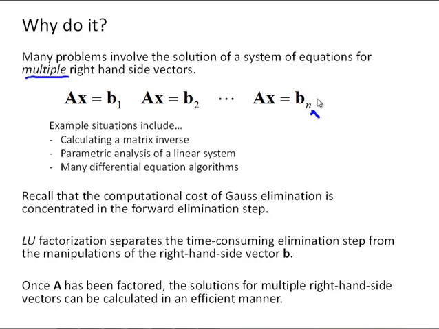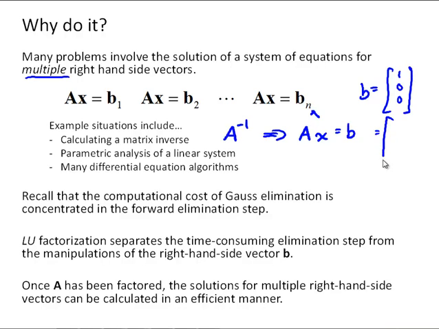Example situations would include calculating a matrix inverse, where to calculate the inverse of A, we can successively solve for each column. AX equals B, where B1 is equal to 1, 0, 0, gives us the first column of the inverse. B2 equal to 0, 1, 0 gives us the second column.